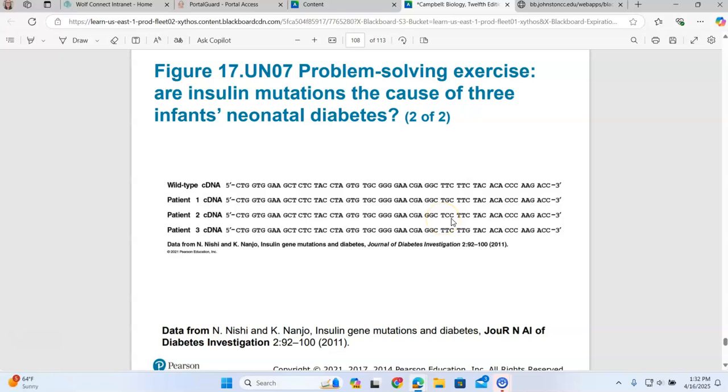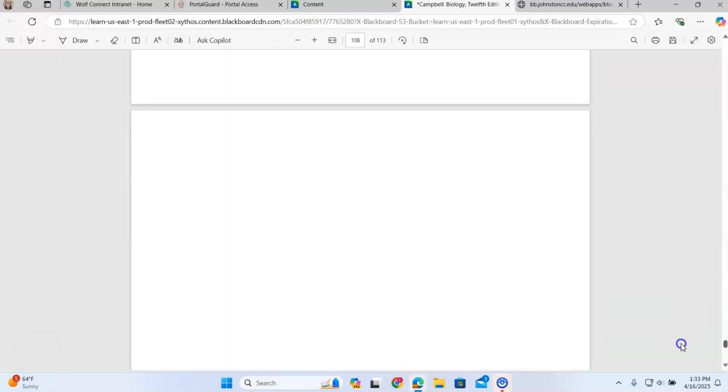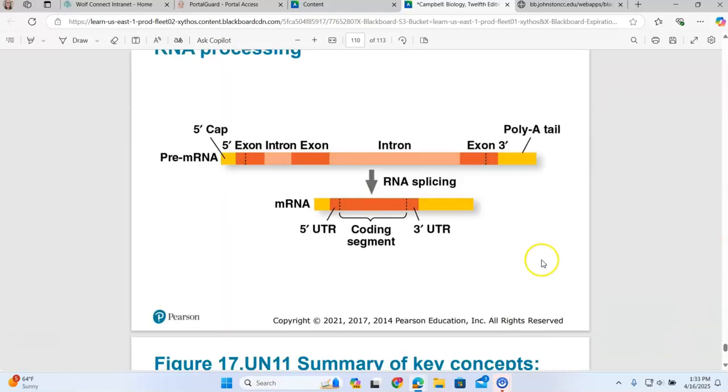So the messenger RNA codon would be AGG.